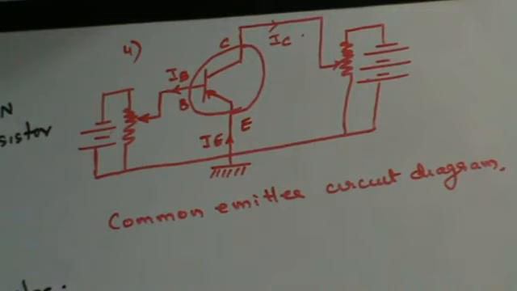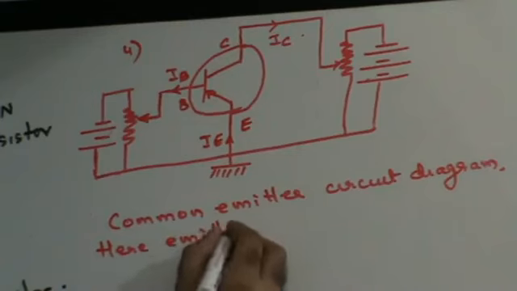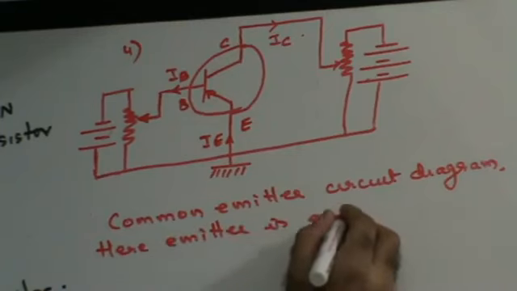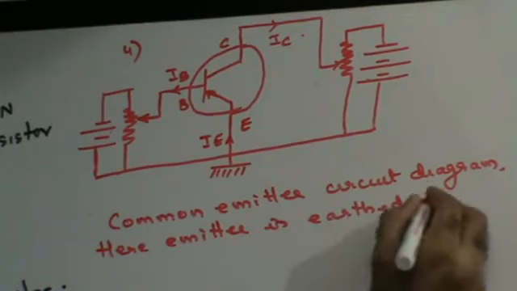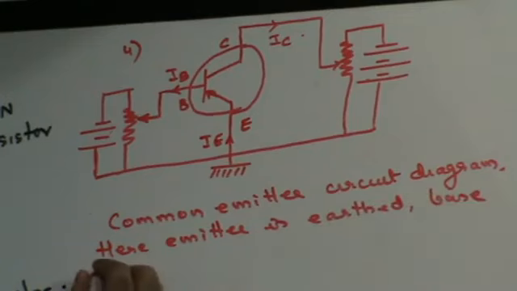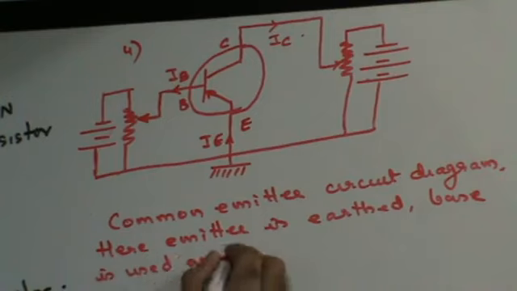Now, in the common emitter circuit diagram, or in the common emitter configuration, this is the most widely used configuration in which the emitter is earth, the base is used as the input terminal, and the collector is used as the output terminal.